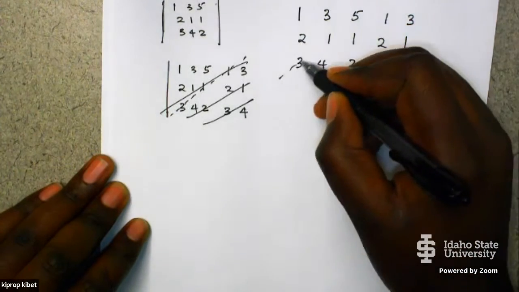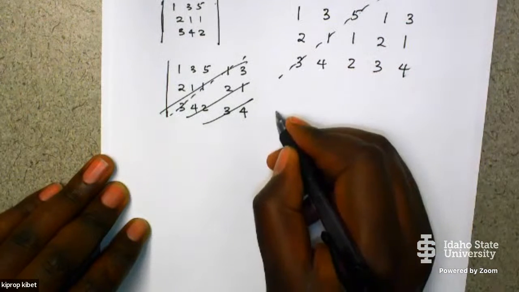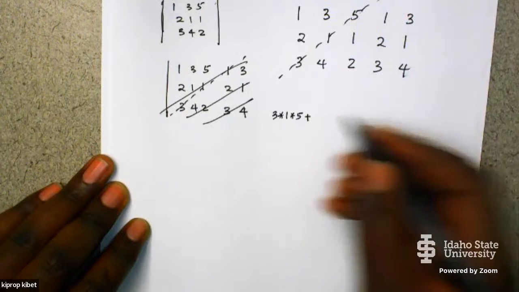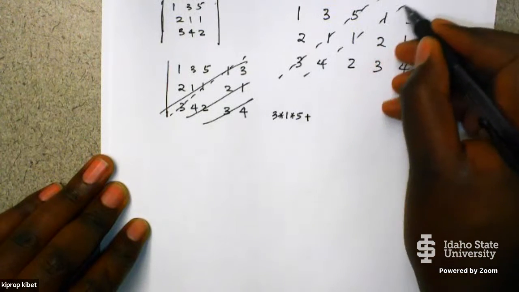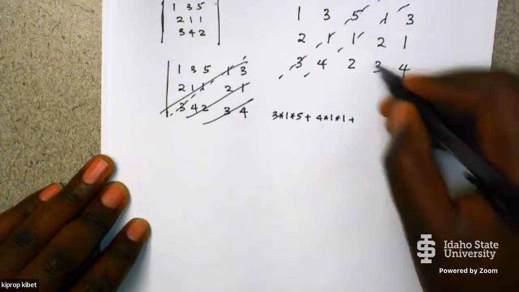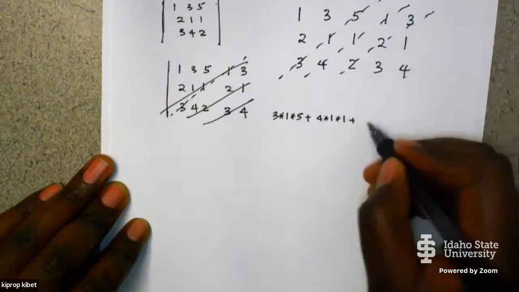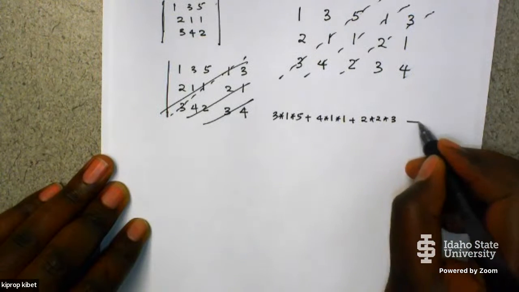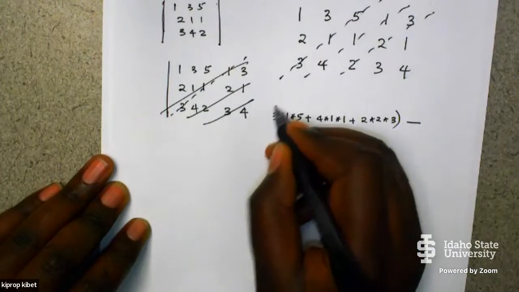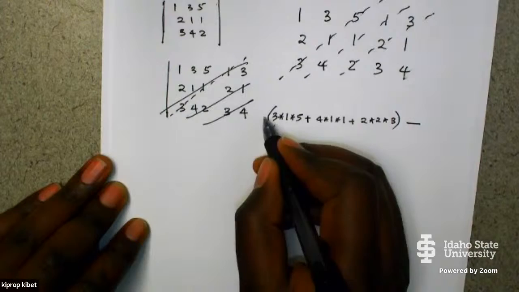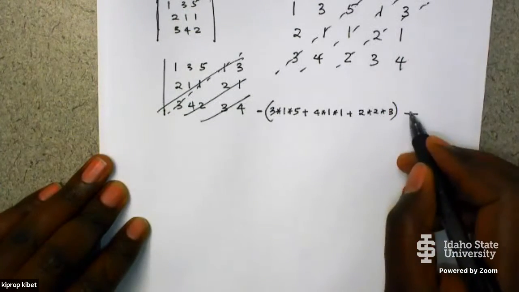So we take this. 3 multiplied by 1 multiplied by 5, plus we take this, 4 multiplied by 1 multiplied by 1, plus we take this, 2 multiplied by 2 multiplied by 3, minus. This is actually minus.